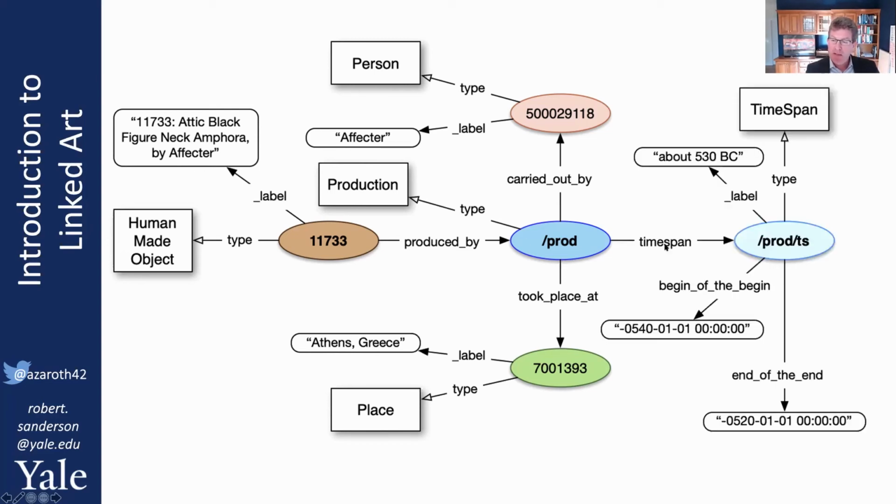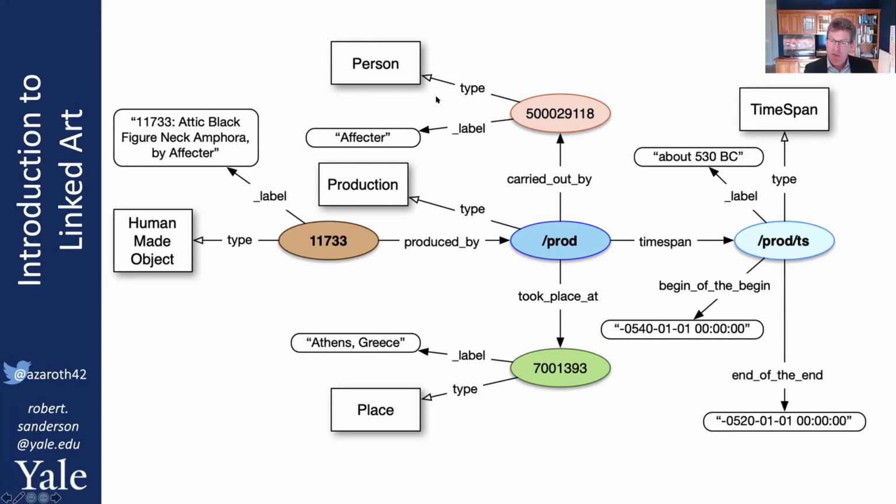And it took place at a particular time span, which has a label of about 530 BC, and you would also express that as a name of the time span. It starts, or the earliest possible time is 540 BC, the end time would be 520 BC.